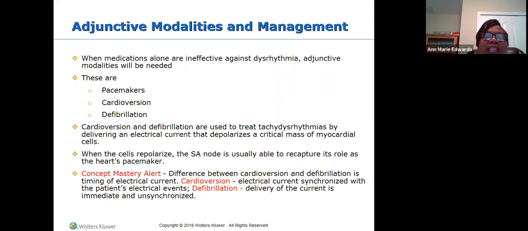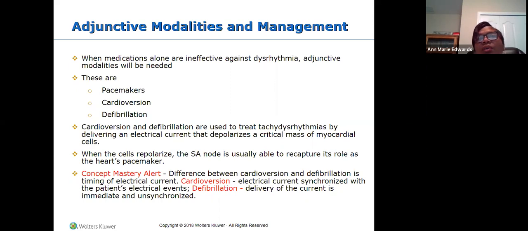Now we're going to look at adjunctive modalities and management. When medications alone are ineffective against dysrhythmia, adjunctive modalities will be needed. We aim to give our patients medications first. We did look at several medications. Beta blockers are mainstay.